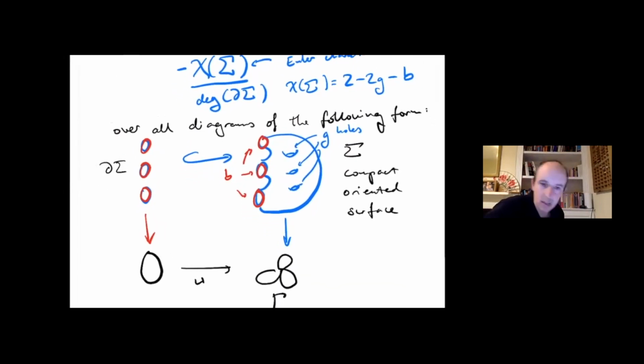And now I have to tell you what the degree is. To get the degree, I'm lying a little bit, but this is the basic idea. You look at a point on the circle here, and you count the number of preimages it has in the circles up here. The degree of the boundary of sigma is going to be the number of preimages.